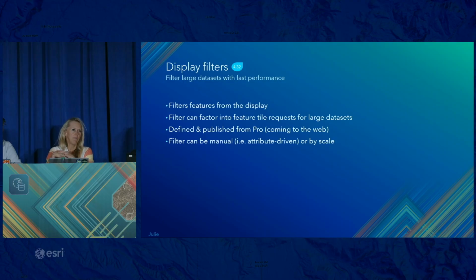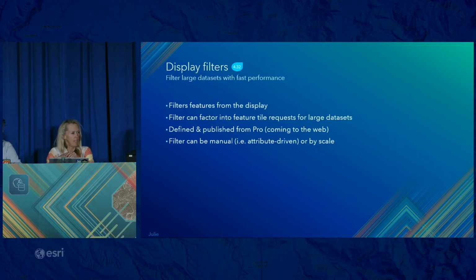So say you have a really dense data set and you have a display filter that's defined on that service. In the case where it's dense, it'll actually apply that filter in the request. Say okay, well, we don't need to display that other data anyway. The API just does it under the hood. It uses the smarts to apply the filter on the data. So in that case, it does affect the request, so what's being pulled down to the client.